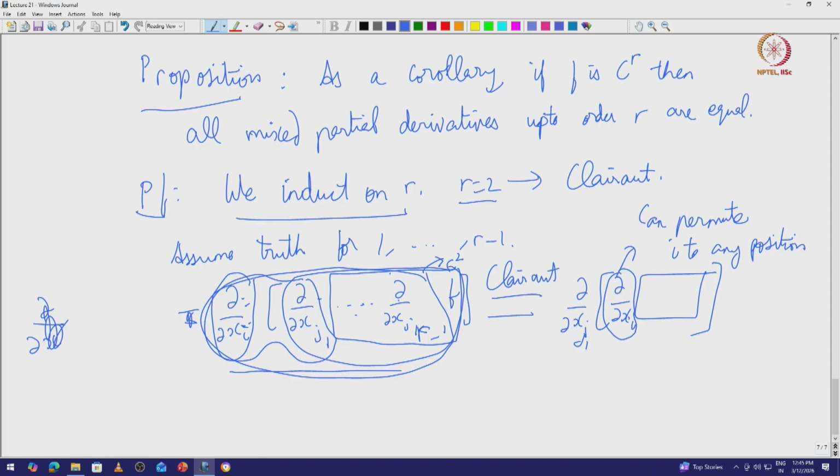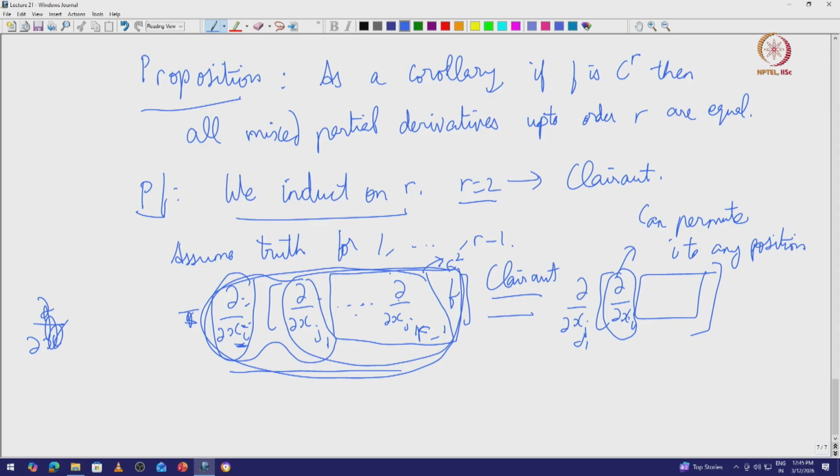Then this particular variable must go to some place in the new permutation. So keep interchanging it till it goes to its correct place. Once it goes to its correct place, you fix its position, and then you can play the same game on the other variables and inductively bring them to their correct positions.